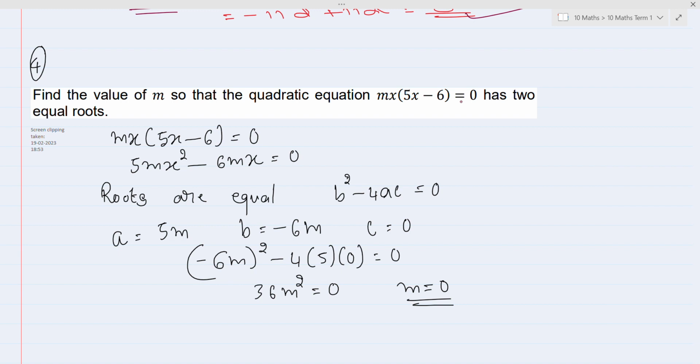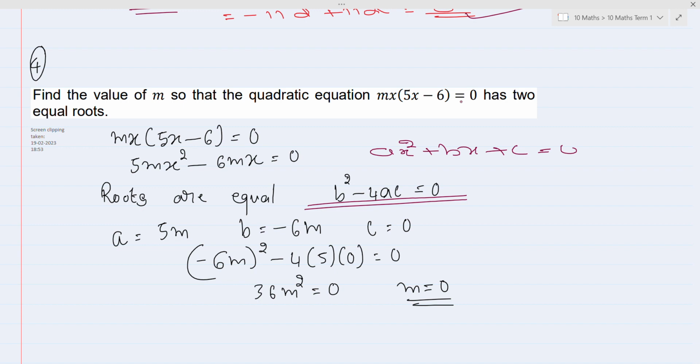It's given roots are equal. Roots are equal when the discriminant is 0. So discriminant b square minus 4ac is equal to 0. Therefore, by comparing the equation with ax square plus bx plus c is equal to 0, we have a as 5m, b as minus 6m, and c as 0.